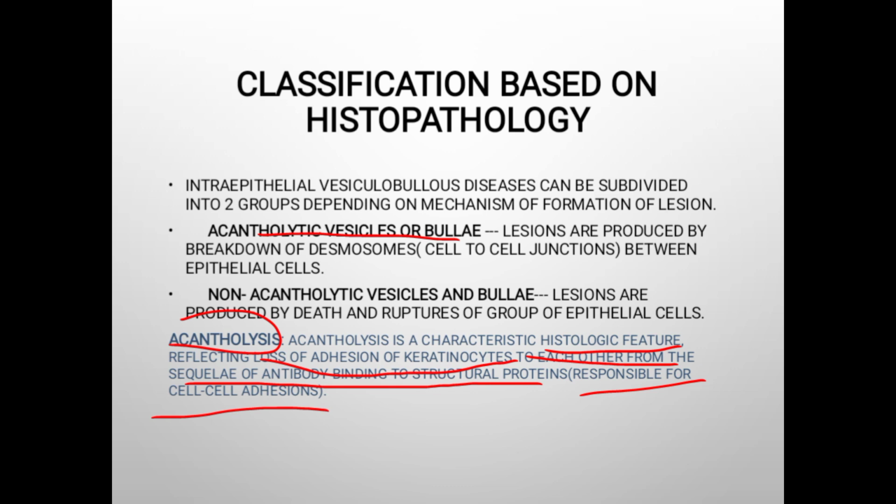Simply, acantholytic occurs within the epithelium. Lesions are produced by breakdown of desmosomes, which are cell to cell adhesion between the epithelium cells. So if someone asks you where acantholysis occurs, it is in between the epithelium cells. Non-acantholytic vesicle formation is produced by death or rupture of a group of epithelial cells.